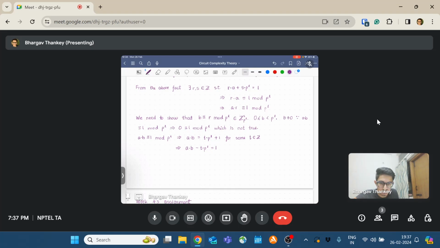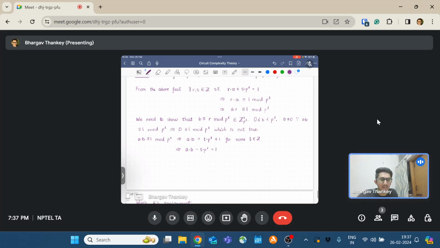Another way to put it would be that it's not a power of P, right? Okay, so can I just directly use this?